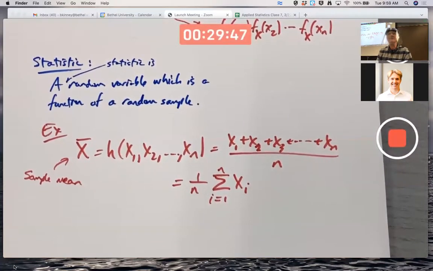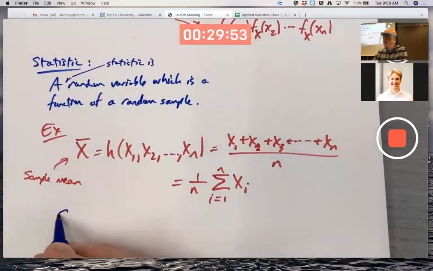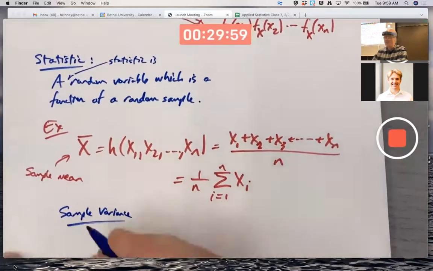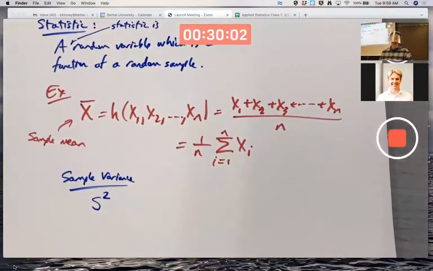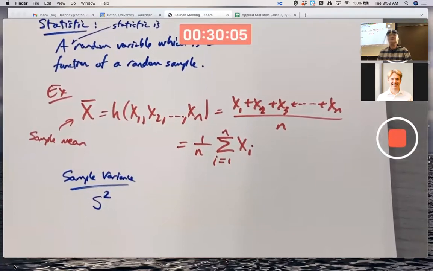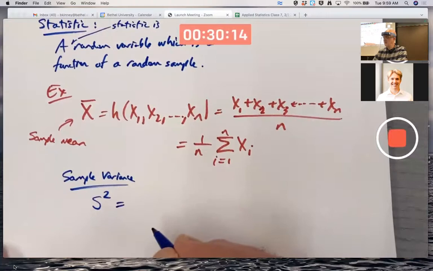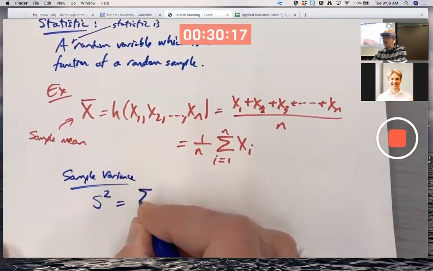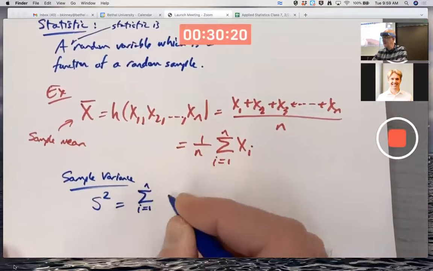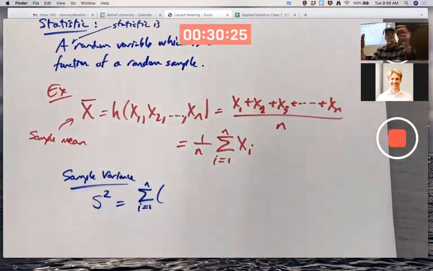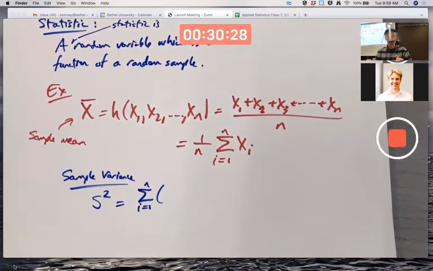We also have the sample variance, S squared. Capital S squared is the symbol for the sample variance, not sigma squared. What was that? By definition, the summation i goes from 1 to n of... intuitively, variance is supposed to measure dispersion, spread.